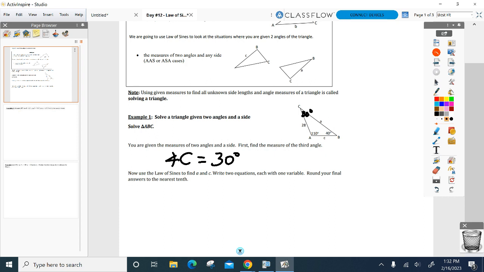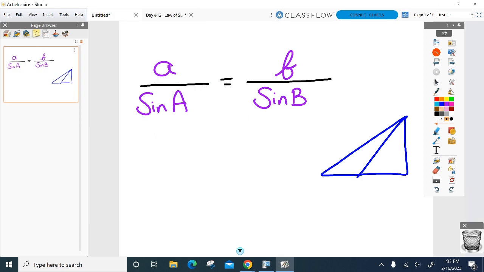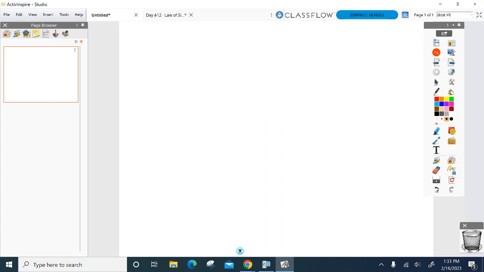We all agree everything I've shown you from this unit is useless, because it's not a right triangle. But I'm still going to ask for side A or side C here. And here is what I am going to use, what's called the law of sines. It is a proportion. All right, the law of sines is a proportion with the following in it. How many sides in a triangle? 3, right?